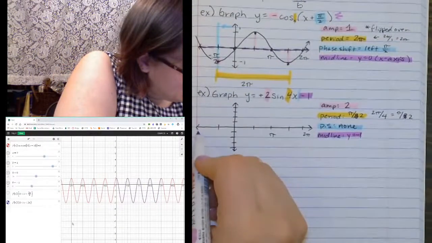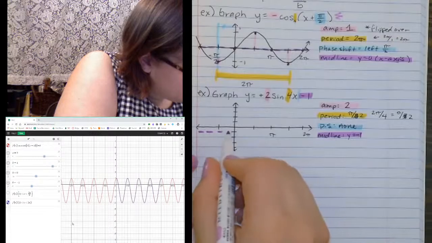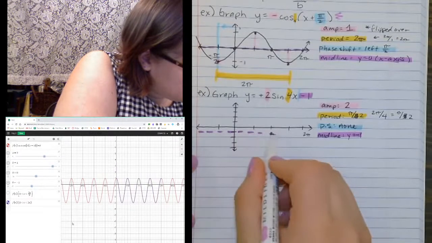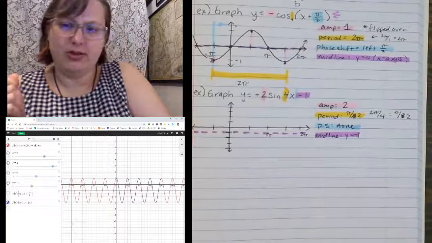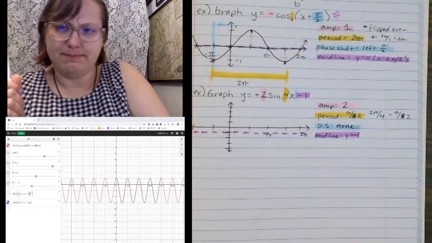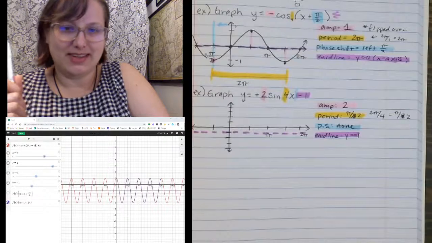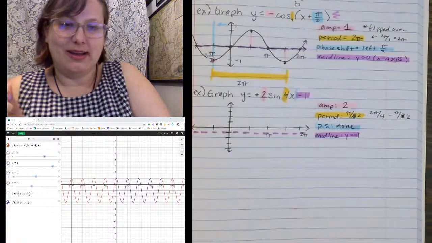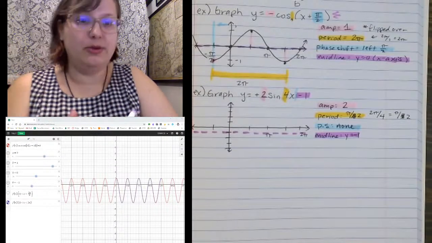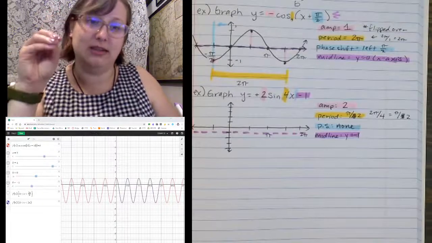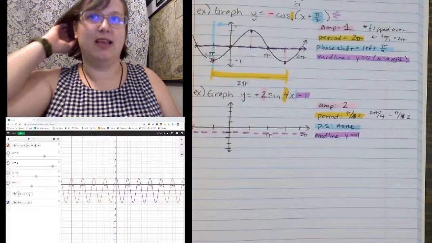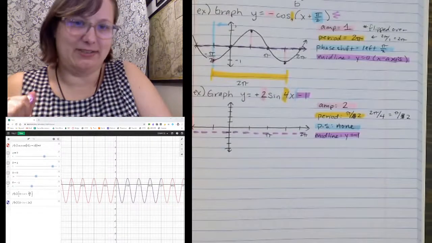So my midline's at -1. I always start with the phase shifts and the midlines. I totally give you one with both, it's fine. So I put my midline on the graph, and then I put my phase shift on the graph, and that's my 0, 0. Yeah, thank you. Pi over 8.